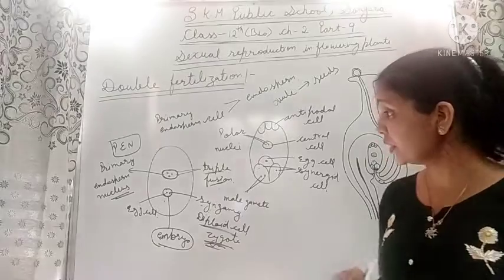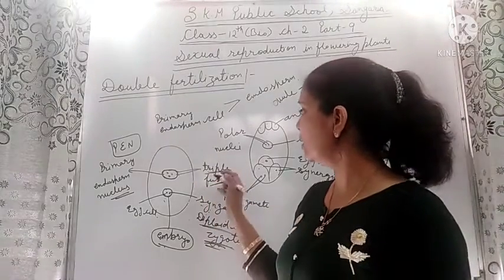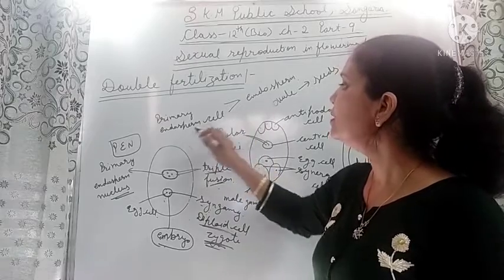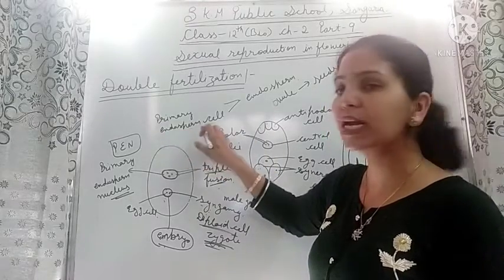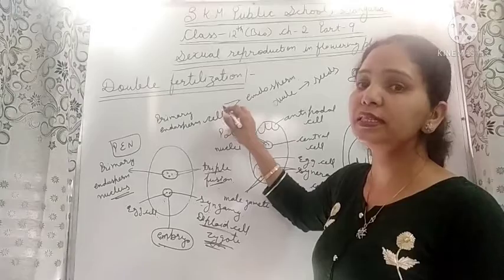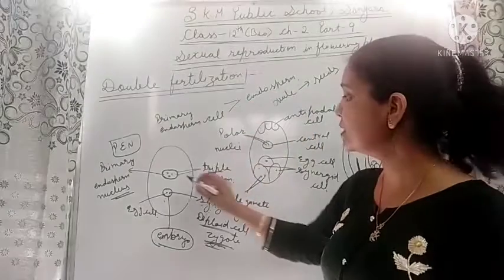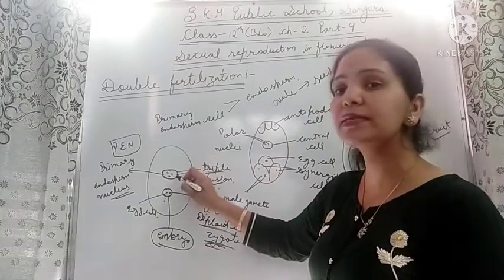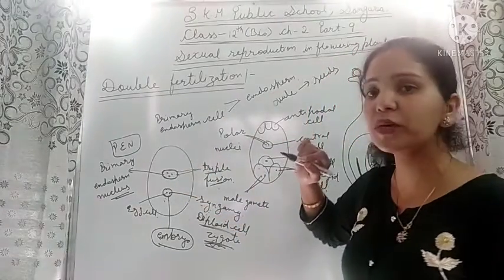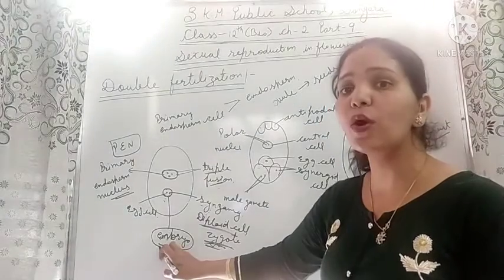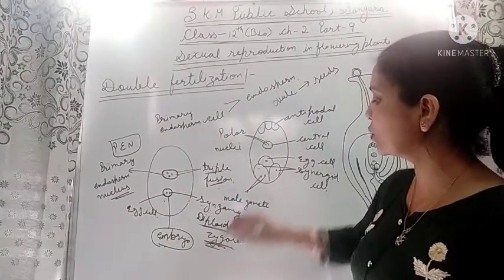Okay, and after the triple fusion, central cell develops into primary endosperm cell and after that develops into endosperm. तो यहाँ ट्रिपल फ्यूजन से क्या हो जाएगा, एंडोस्पर्म की फॉर्मेशन, while the zygote develops into an embryo.